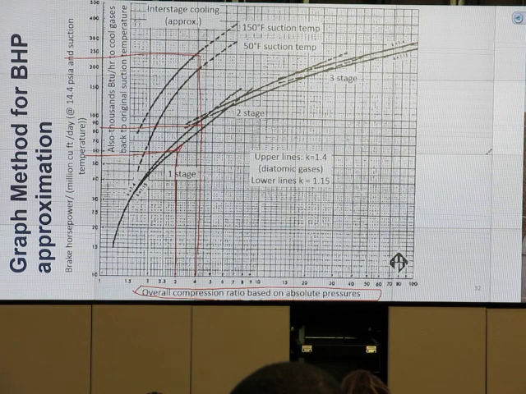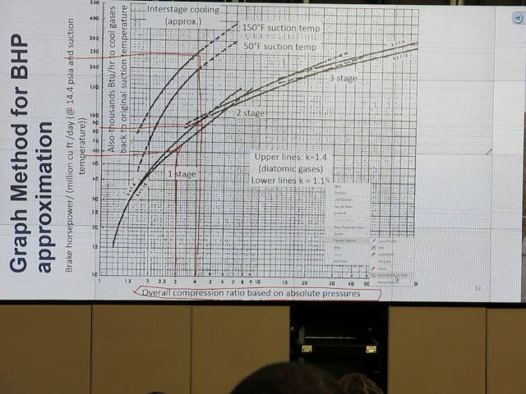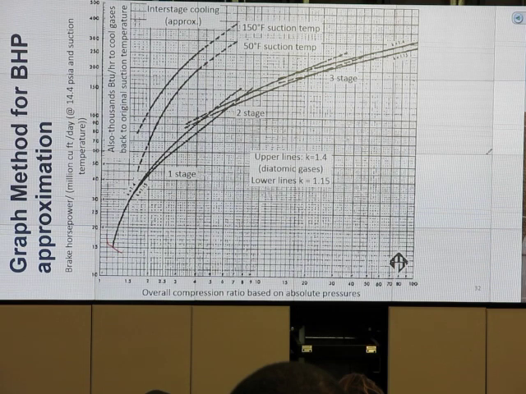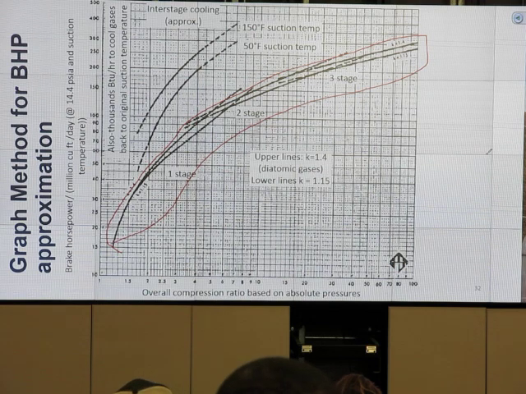The chart has two parts. The first part, this graph, is about horsepower, and you use this axis. The second part, these two lines, is about interstage cooling.